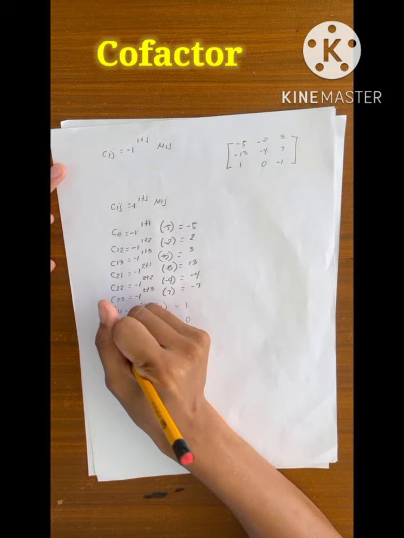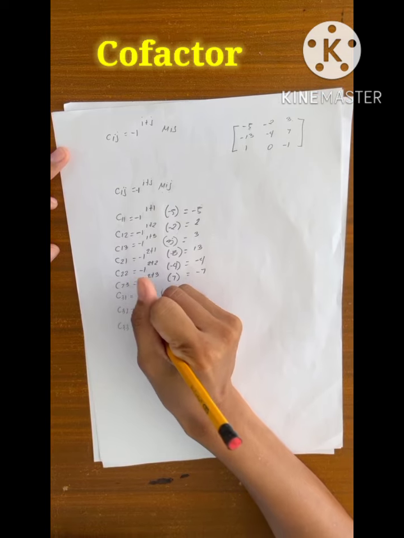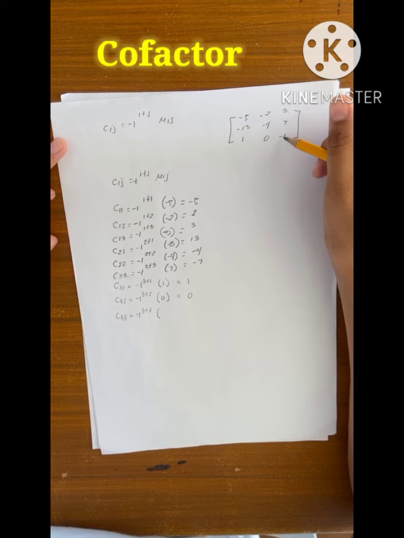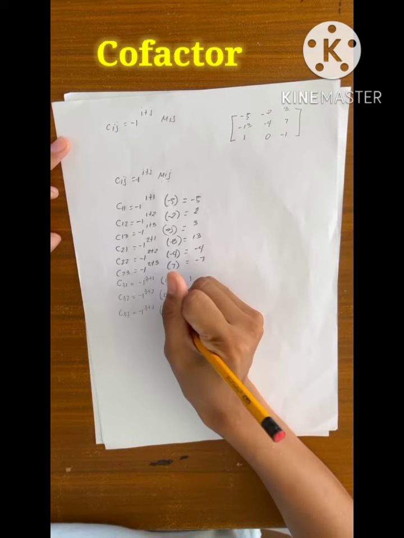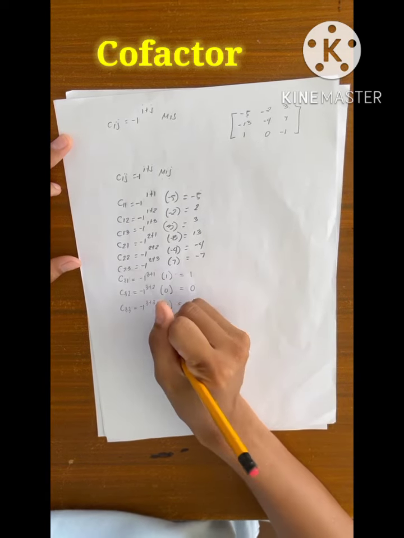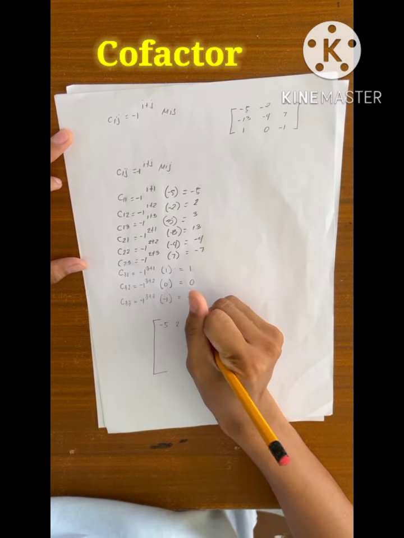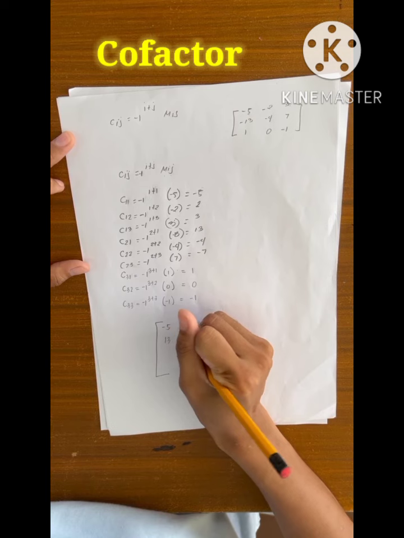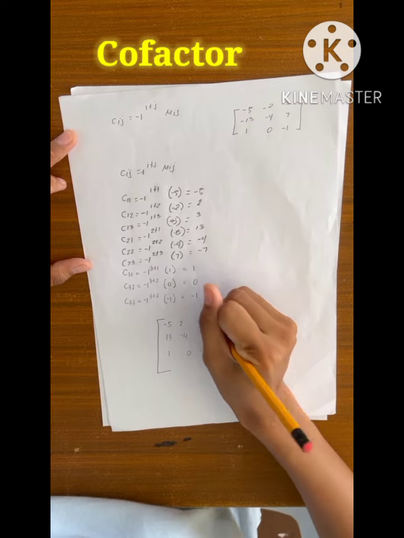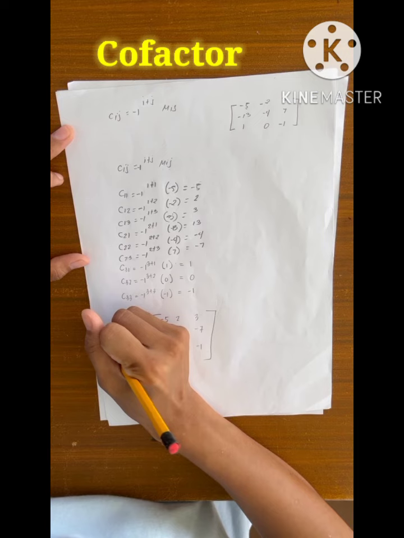Then our C33 is equal to negative 1 raised to 3 plus 3 multiplied by our M33, which is negative 1. It is equal to negative 1. So our answer would be negative 5, 2, 3, 13, negative 4, negative 7, 1, 0, and negative 1. This is our cofactor of our matrix A.